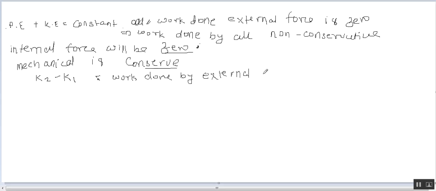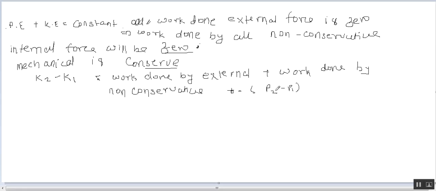plus work done by non-conservative internal force, and plus work done by conservative internal force, which will become minus P2 minus P1.